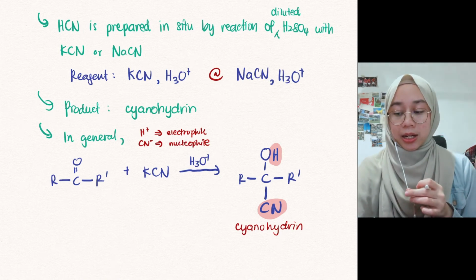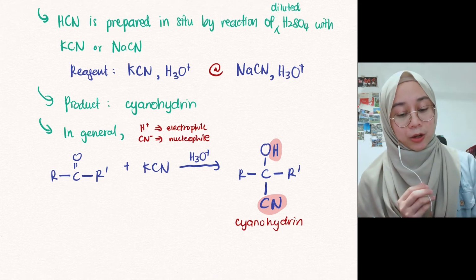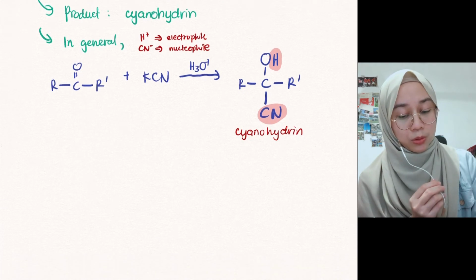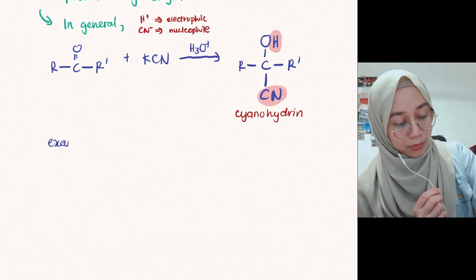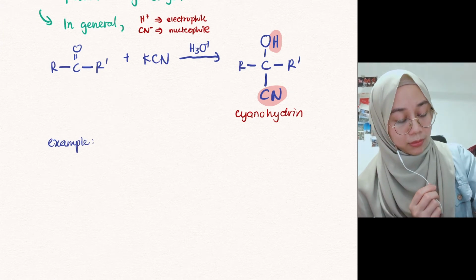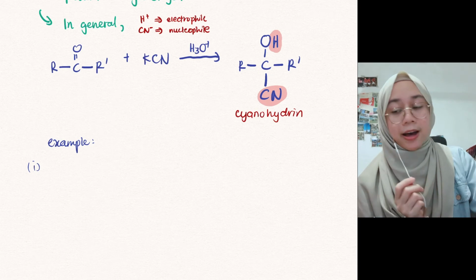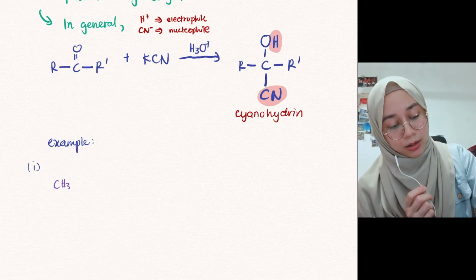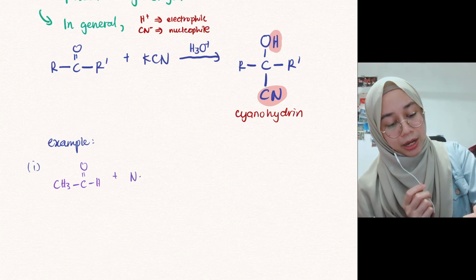Okay, jadi now kita terus pergi kepada example lah. Okay, so kita tengok example satu untuk ketone, satu untuk aldehyde. So the first one, so let's say you have ethanol dan kita reaktkan dengan NaCN.